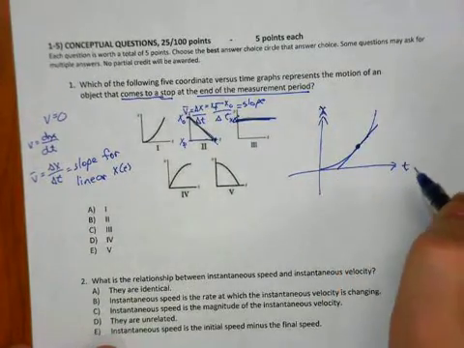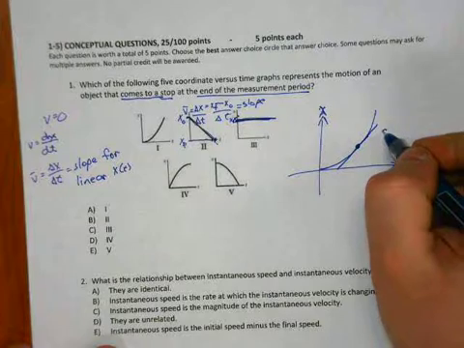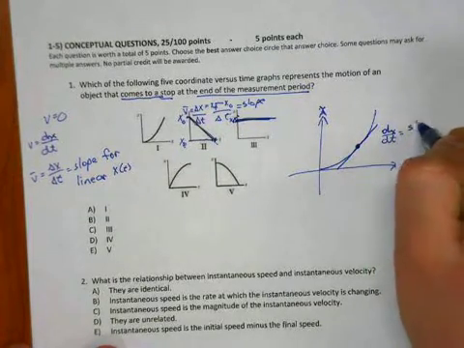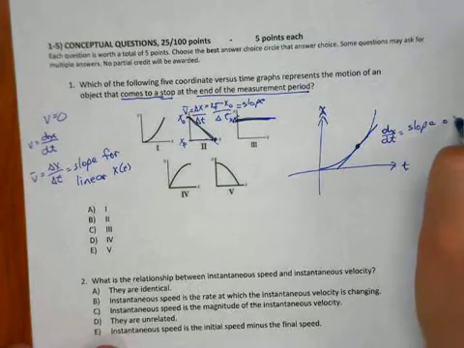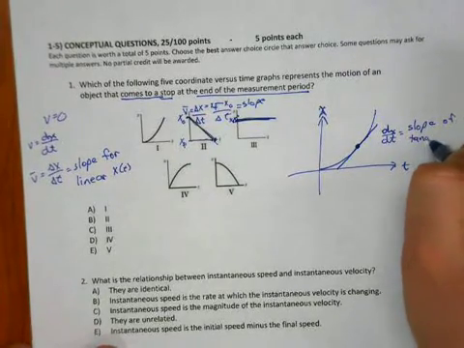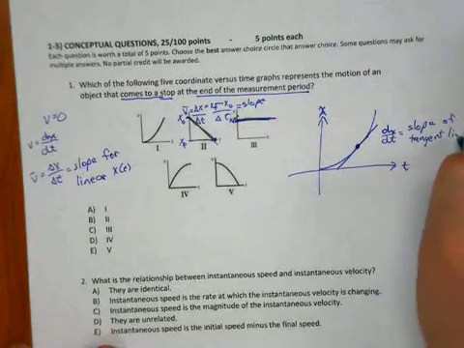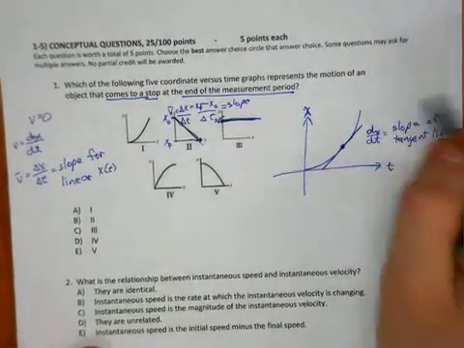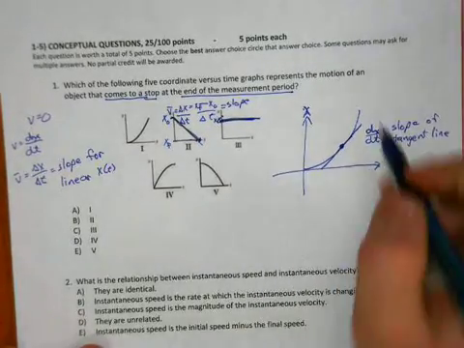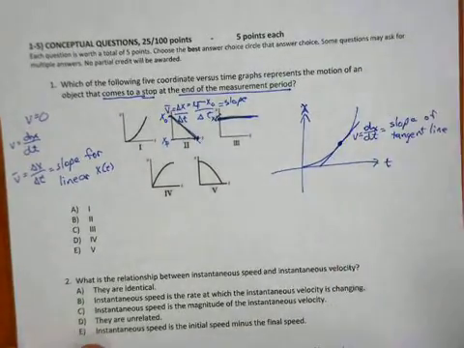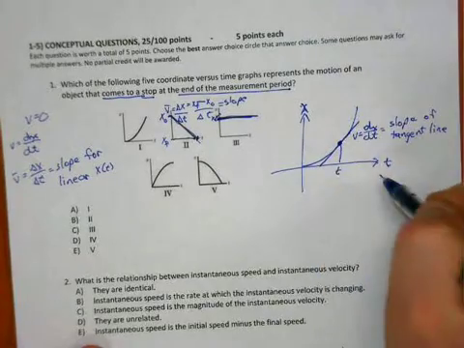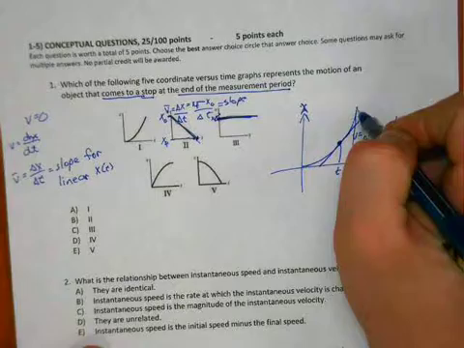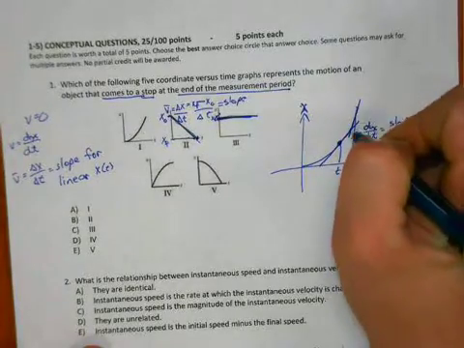So dx/dt equals the slope of the tangent line. This is giving the instantaneous velocity at any point in time t. At a later time t, the slope is going to be much higher, right?